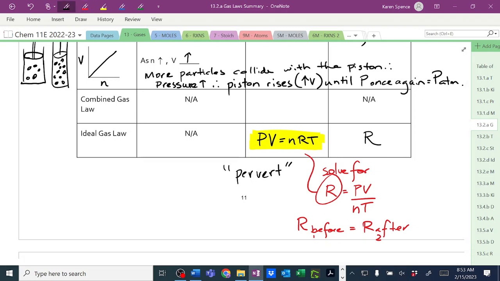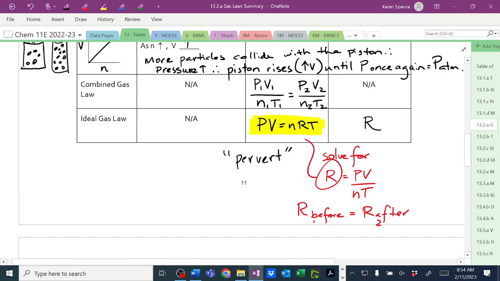And so this allows us to say we have P1 V1 over N1 T1 is equal to P2 V2 over N2 T2. And sometimes that's more convenient to use than the ideal gas equation. You could probably use either of them to solve your problem, but it depends what you like, okay? That was kind of painful. I'm sorry that took quite so long, but you know.